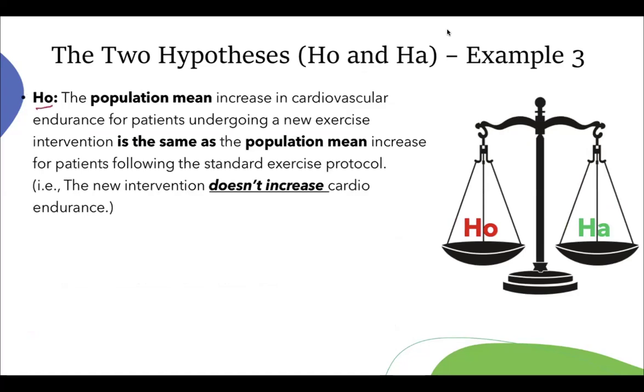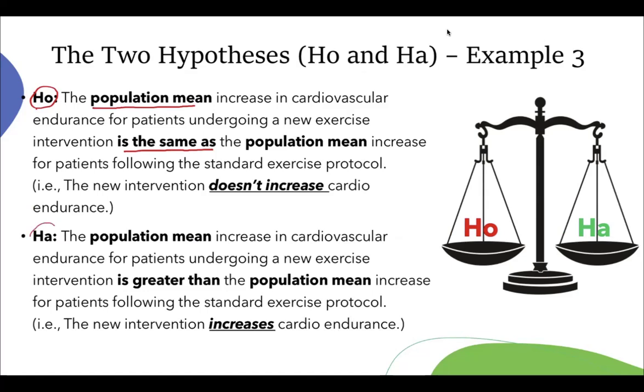The null hypothesis states again that the population mean, whatever we're referring to, is the same. The population mean increase in cardiovascular endurance for patients undergoing a new exercise intervention is the same as the population mean increase for patients following the standard exercise protocol. In other words, the new intervention doesn't increase cardio endurance.